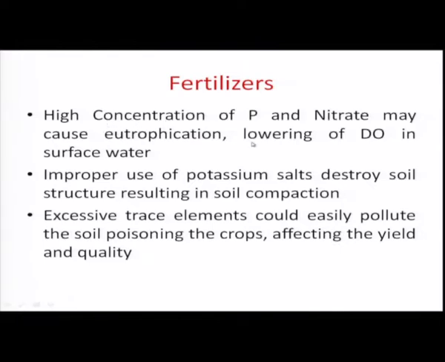That leads to lowering of DO in surface water, and fish kill. All these things are associated with this eutrophication problem. So excessive application of fertilizer should be taken care of, it should not be done. And also improper use of potassium salt destroys soil structure, resulting in soil compaction. That also needs attention.